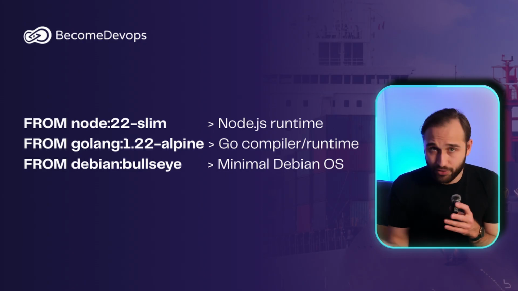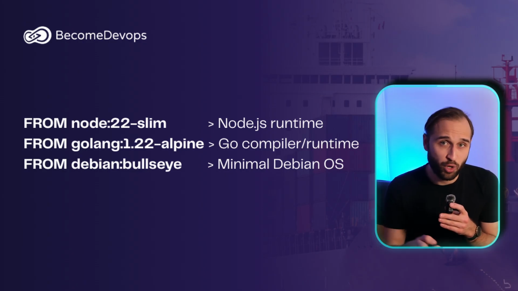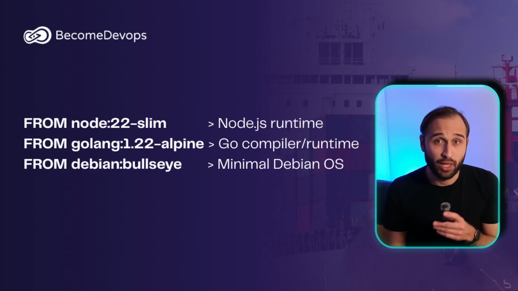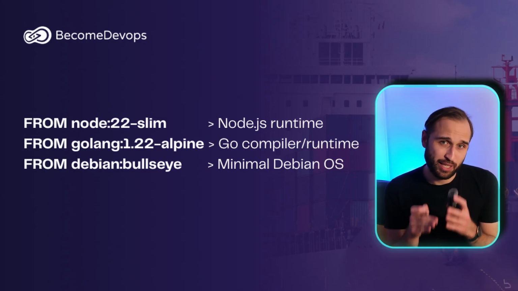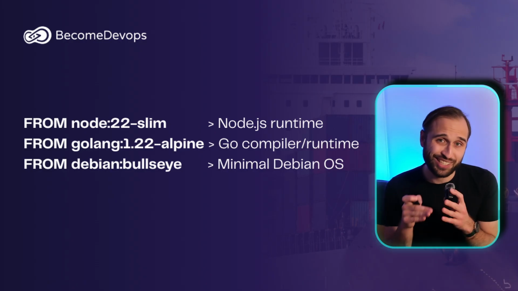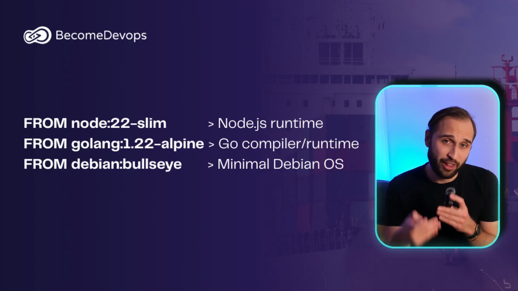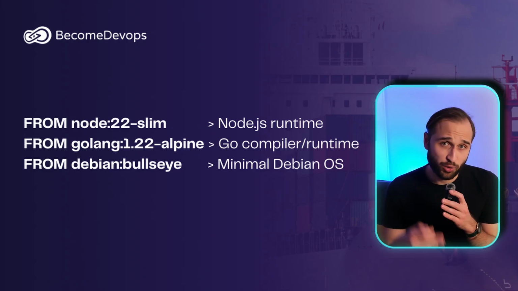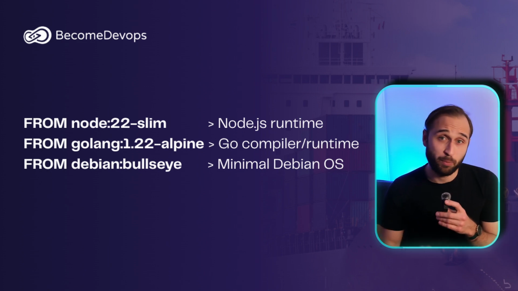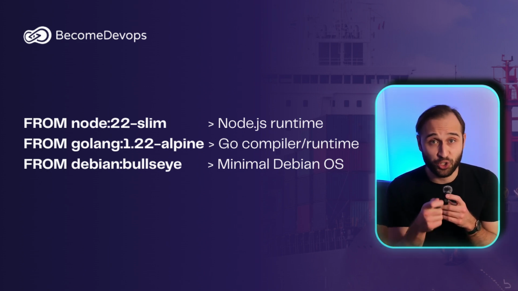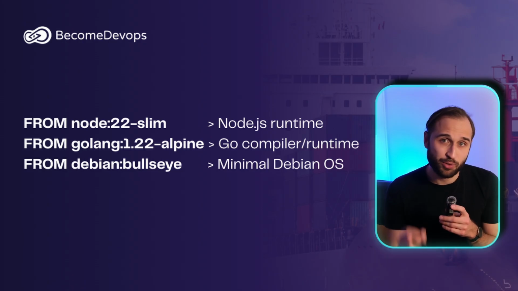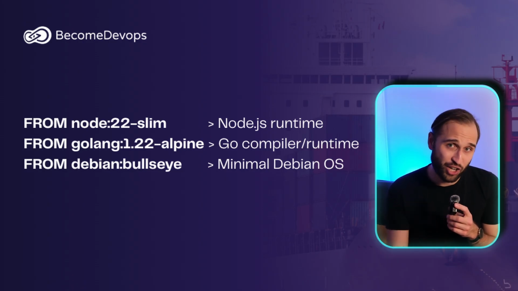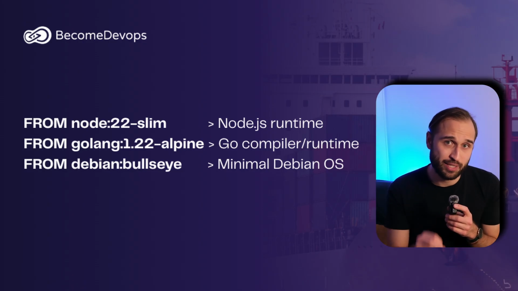Other examples, of course, are FROM node:22, FROM golang:1.22, and for example FROM alpine. By choosing the right base image in your FROM line, you are setting up the foundation for anything that comes next: your dependencies, your app, your performance, and even your security. So this is like a starting point. Now let's dive into how to actually choose the right base image.